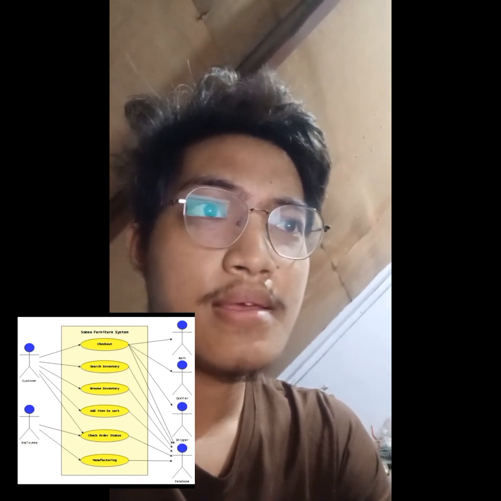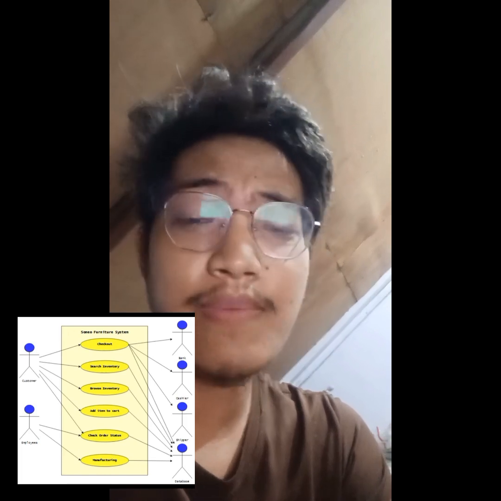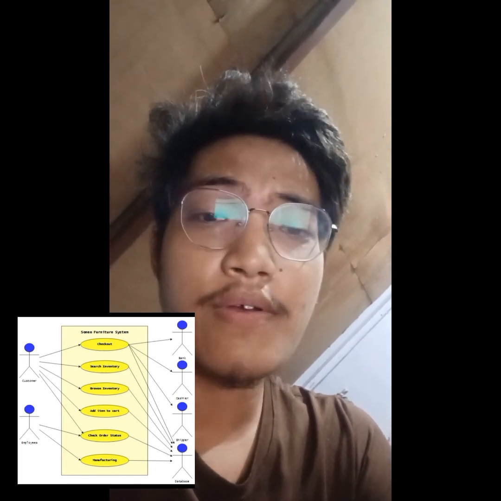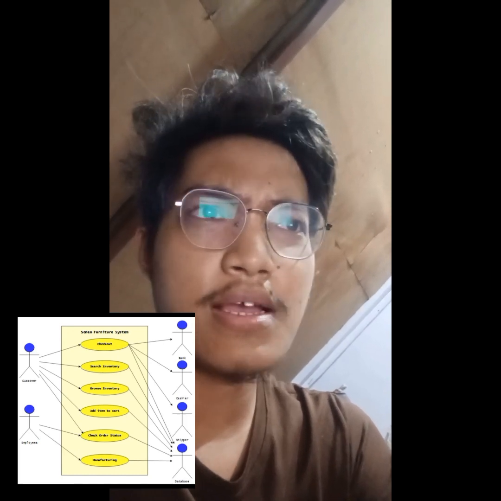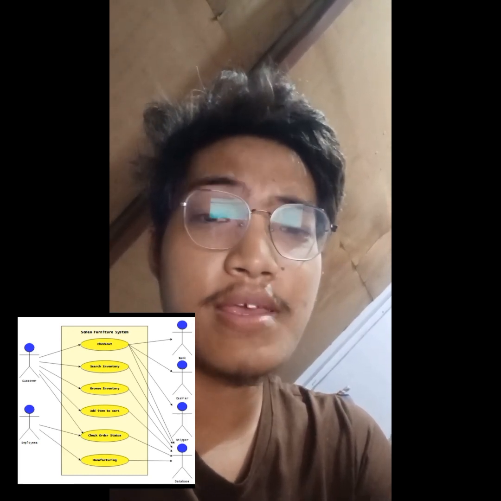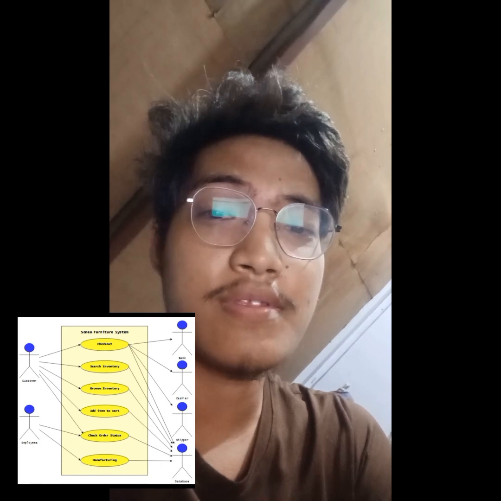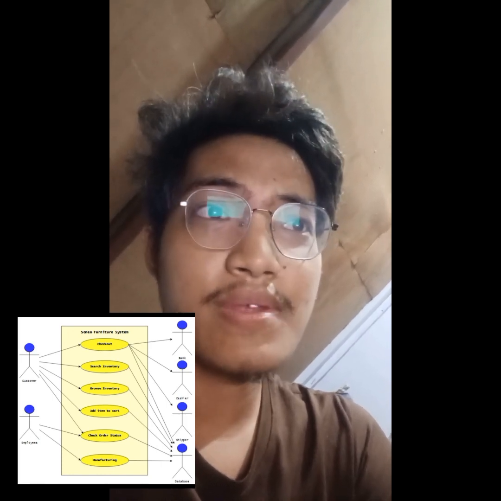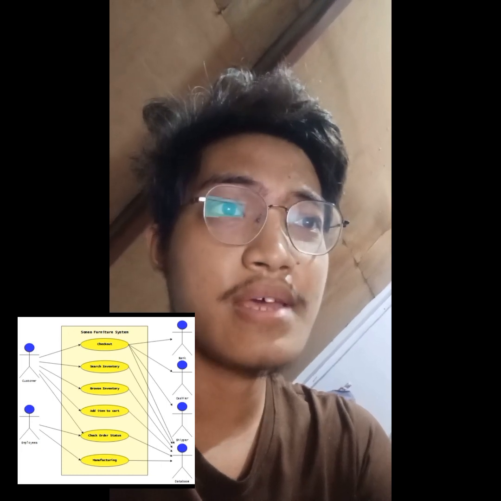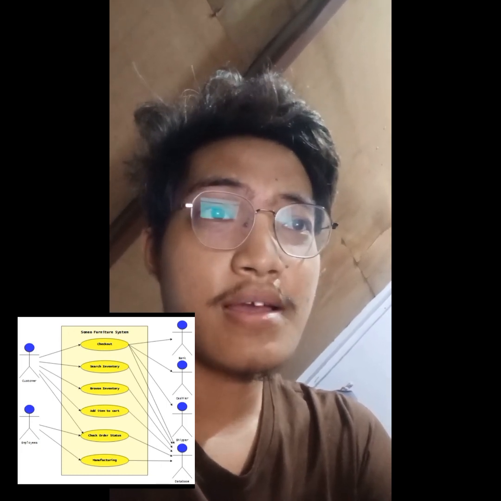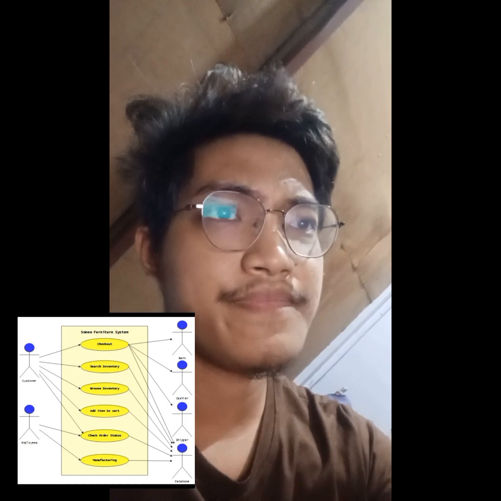And then the third one is the shipper. The shipper also connects with the checkout, since after paying, the next thing that will happen is the shipping of the furniture. That's why checkout is connected with the shipper.